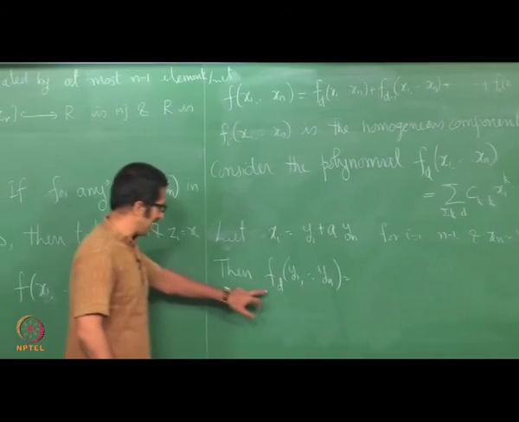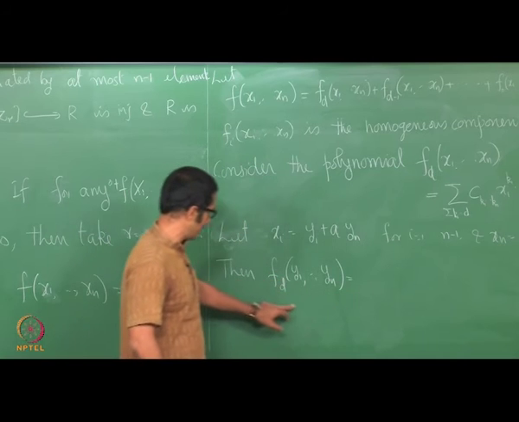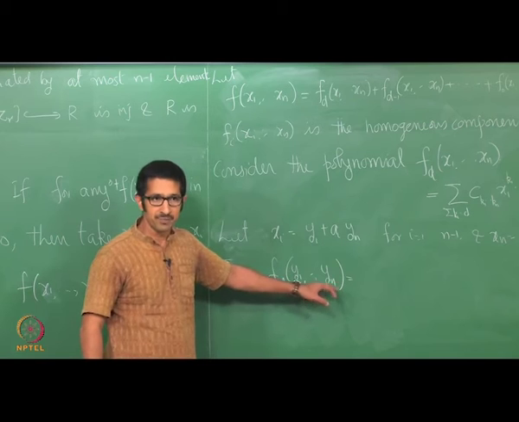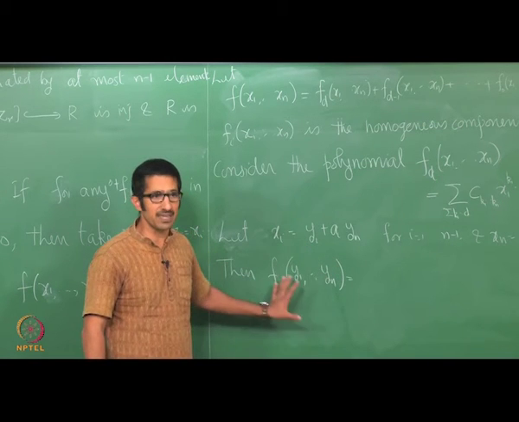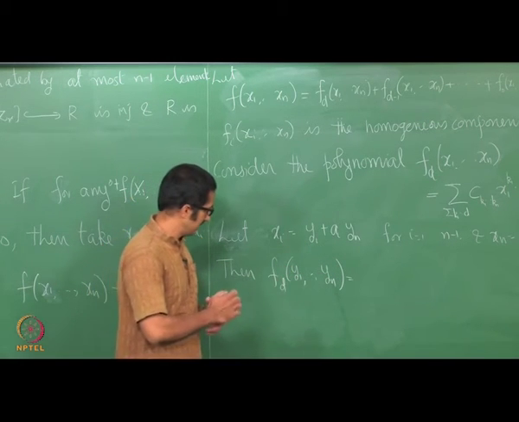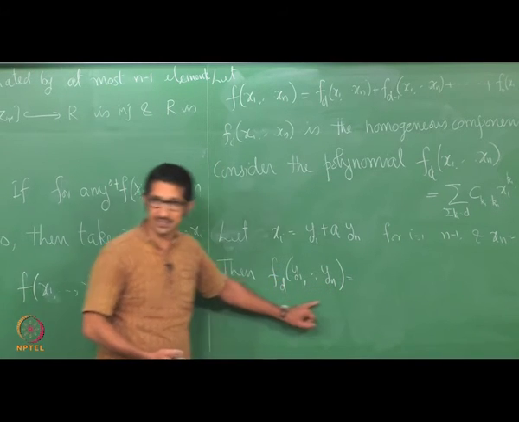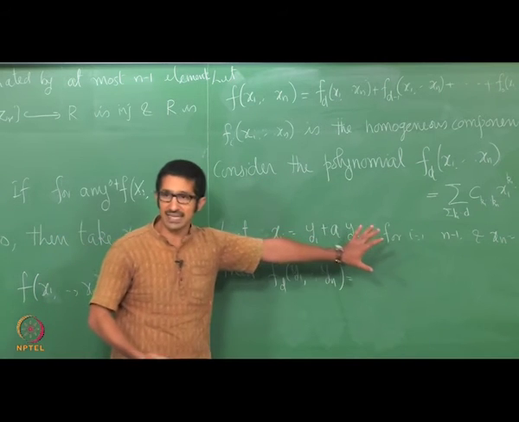Suppose I write this as a polynomial in yn with coefficients coming from y1 up to yn minus 1.